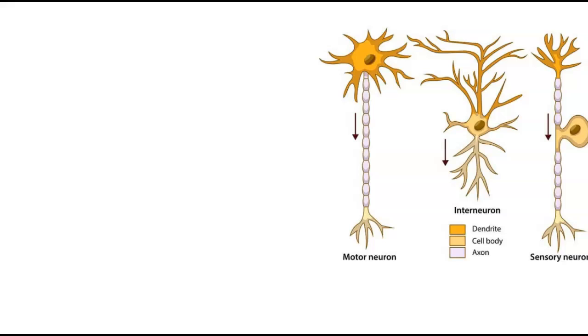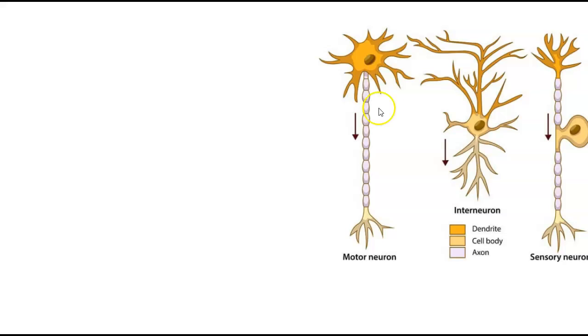When we think of neurons or nerve cells, hopefully you think that maybe there's a little variety in them. So just like in muscle tissue, we see different types of muscle fibers, there are different types of neurons, three main or primary kinds.